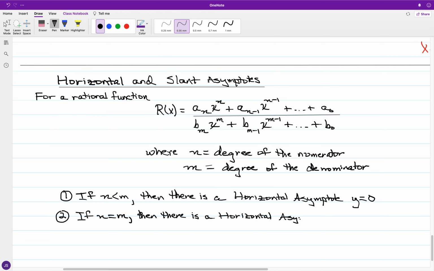Instead of y equal to 0, we'll be looking at y is equal to the ratio of the highest order term coefficients from the numerator and denominator. So this will reduce to a of n over b of n.